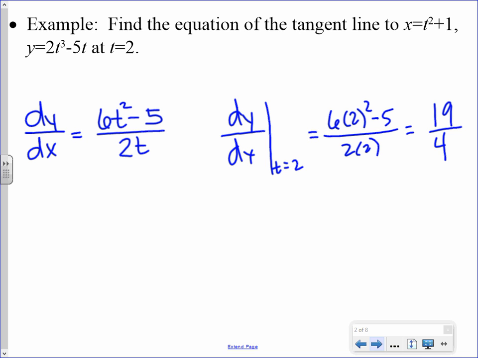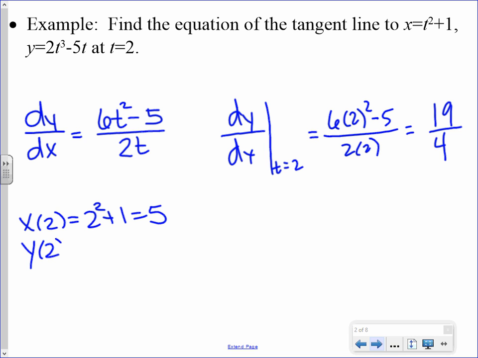How do we write the equation of the tangent line? We have slope, now we need a point. 2 is not our point, is it? How do we find our point? Plug 2 in for x and y. So x of 2 would be 2 squared plus 1.